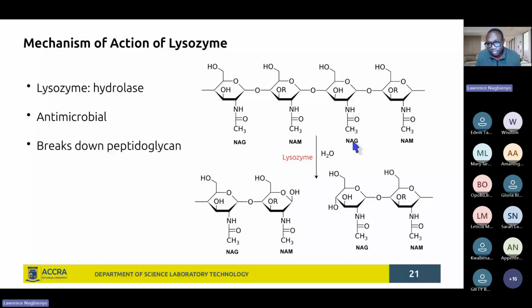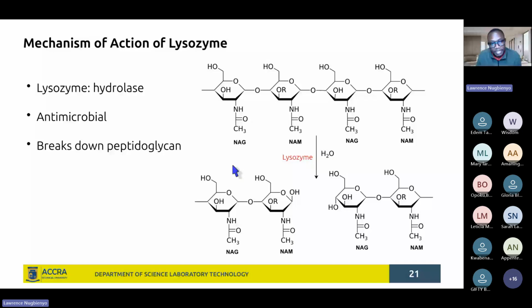And so you now have on that N-acetylmuramic acid, the original hydroxyl group. And then you have also on N-acetylglucosamine, also the hydroxyl group there. So water comes in that reaction, lysozyme acts and breaks down that glycosidic bond between these two monomers.